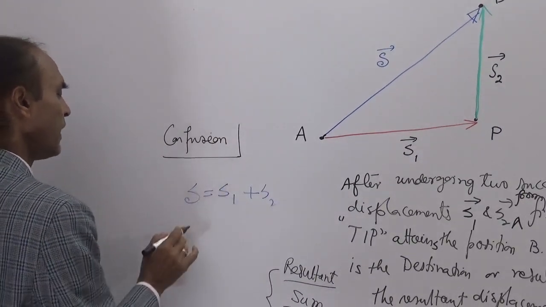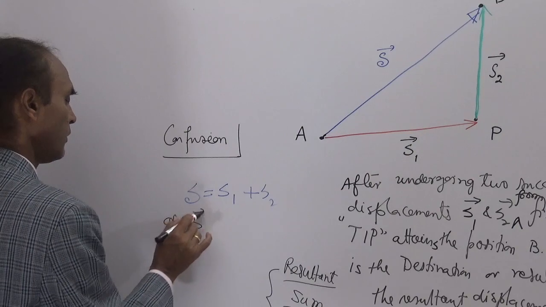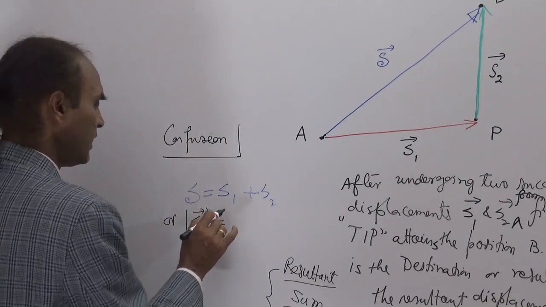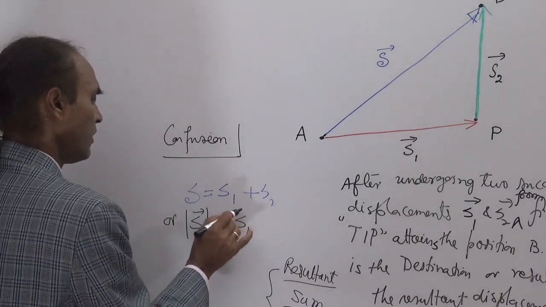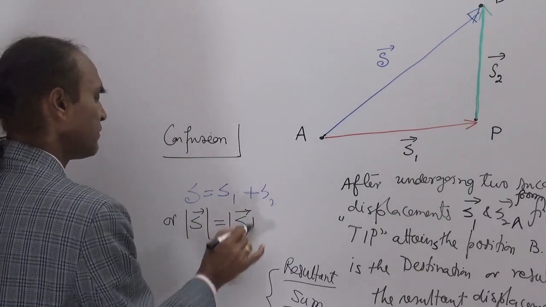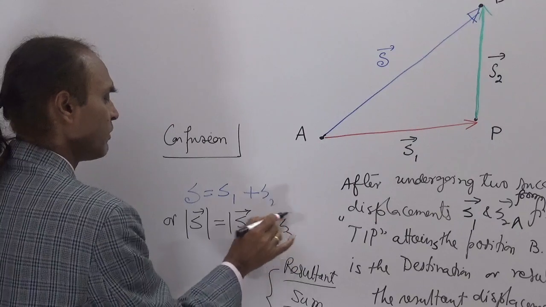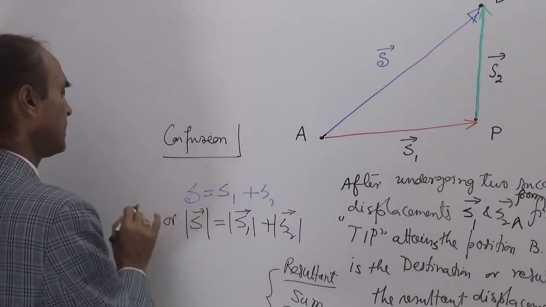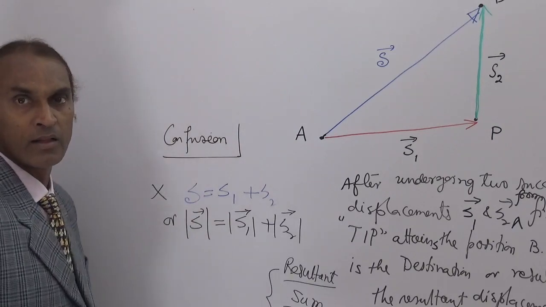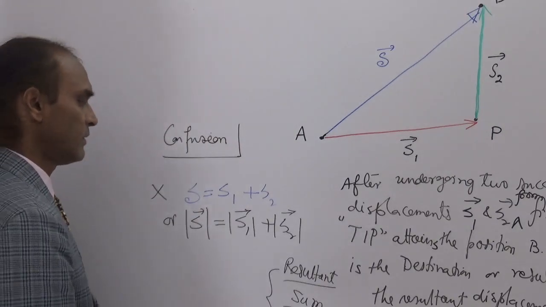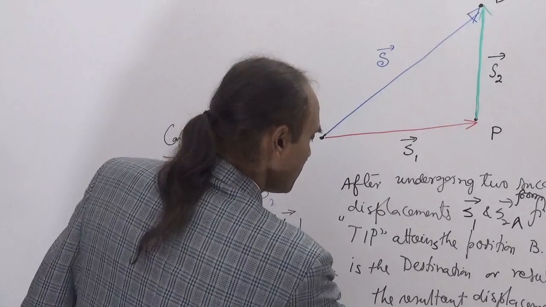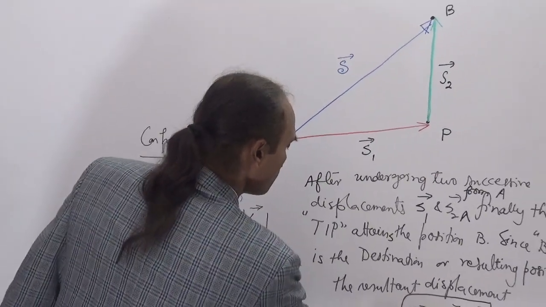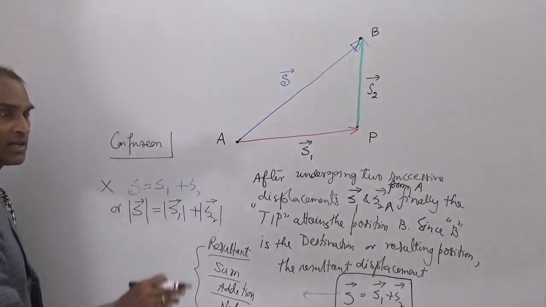This is just simply the magnitude of the resulting vector being equal to the magnitude of the first displacement plus the magnitude of the second displacement. If you write this, it is a wrong statement. This is correct: the vector sum of these two displacements is equal to the net displacement or resulting displacement.